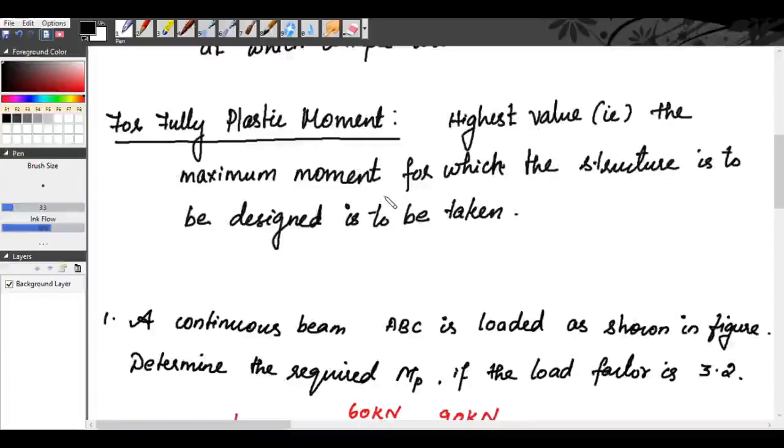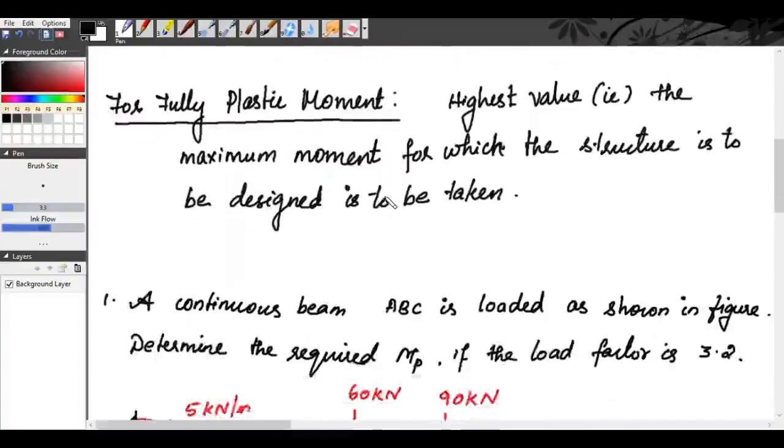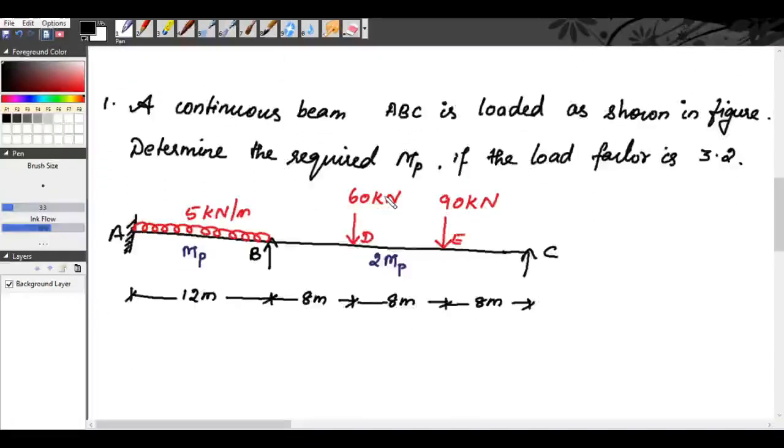We design for this plastic moment. So we will design for maximum moment, and the load is what is the least load our structure will carry. So while considering the collapse load, you will consider the least value, and while considering the plastic moment, you will consider the highest value. Now we will move on to the problems.